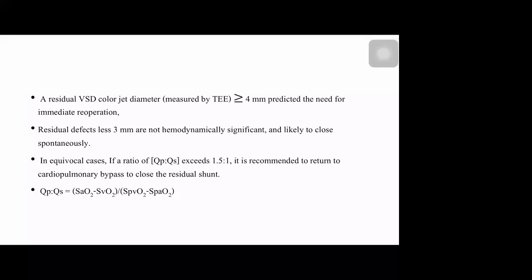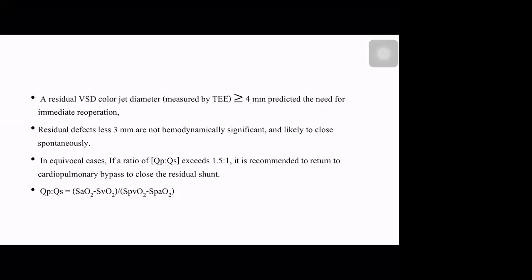But there are certain equivocal situations, there we have to calculate the QP/QS ratio. The formula of the QP/QS ratio is the difference between SaO2 minus SvO2 divided by pulmonary venous saturation minus pulmonary arterial saturation.